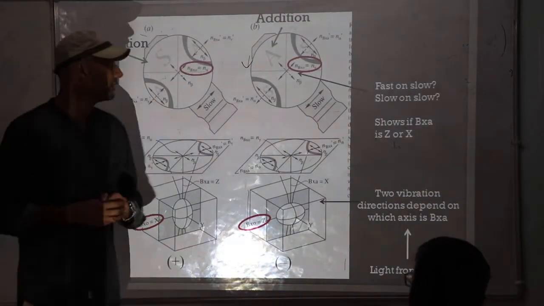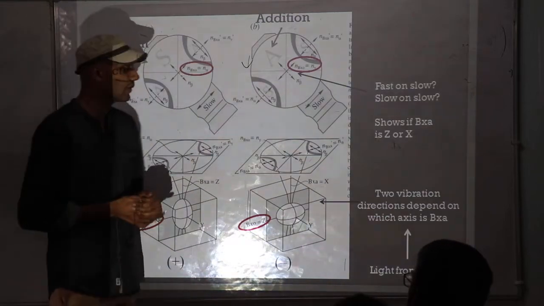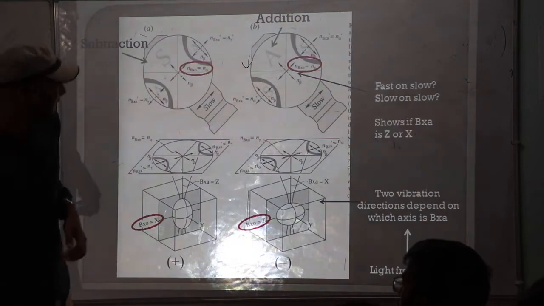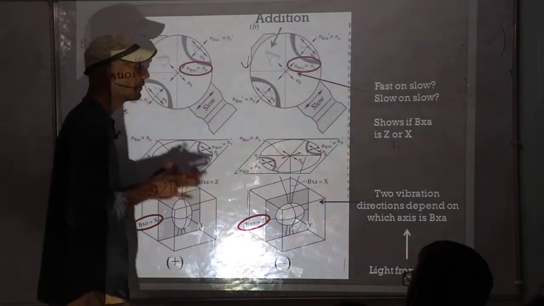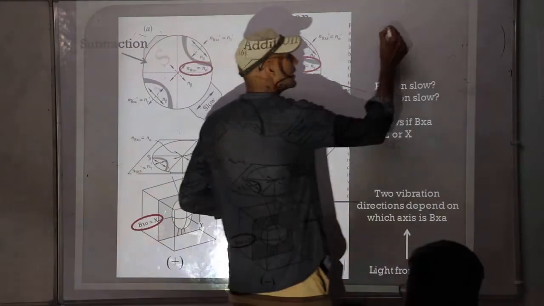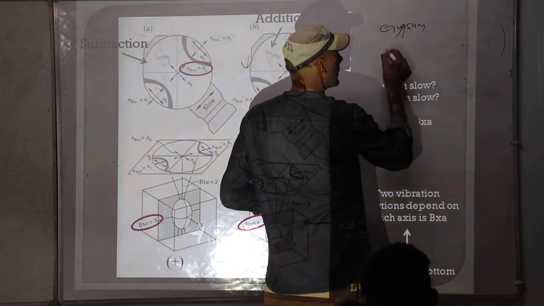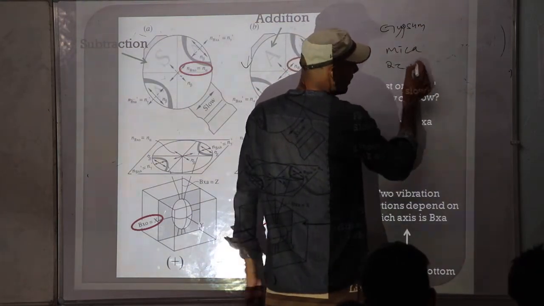Okay, so here we are going to start regarding the determination of optic sign in biaxial minerals, right? For biaxial minerals, that is also the same as that of uniaxial minerals, that is the use of accessory plates like gypsum, mica or quartz.